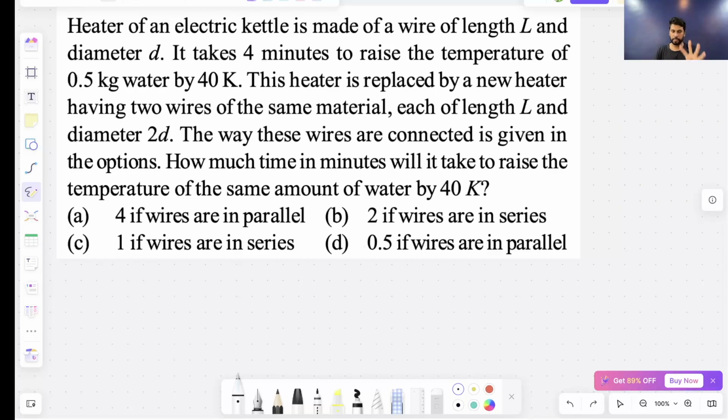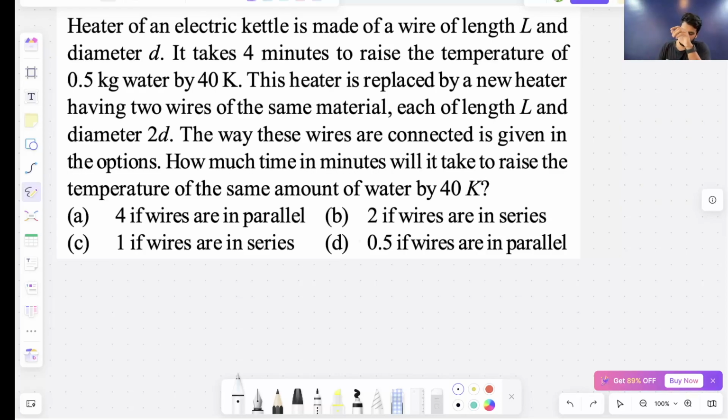It takes 4 minutes to raise the temperature of 0.5 kg of water by 40 Kelvin. Now there is a second heater, but in that second heater there are 2 wires. In that second heater you have to connect 2 wires either in parallel or in series. It's your wish, either parallel or series, you have to connect it.